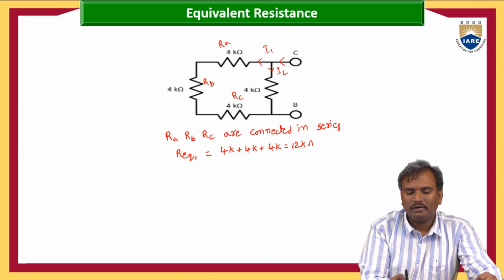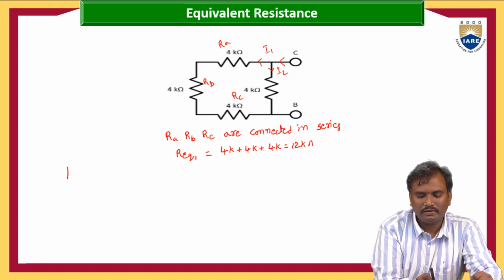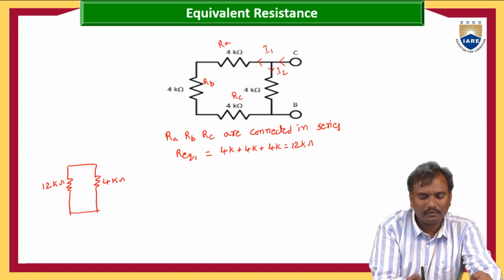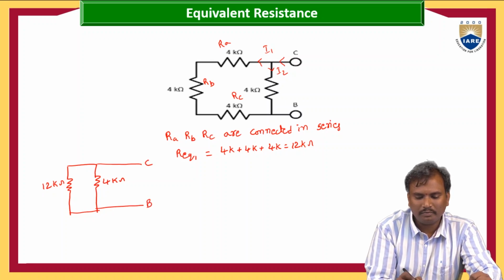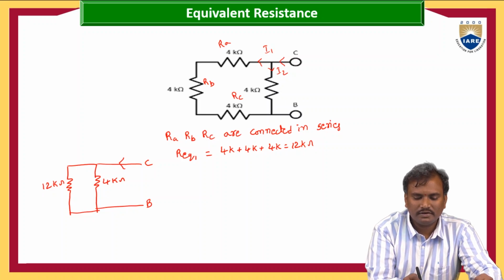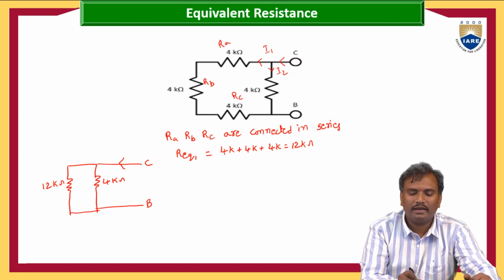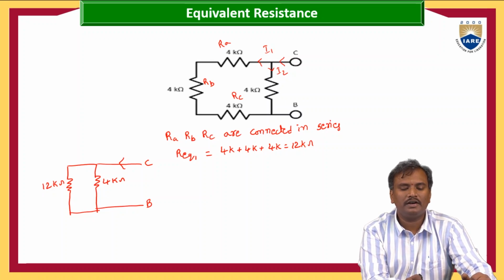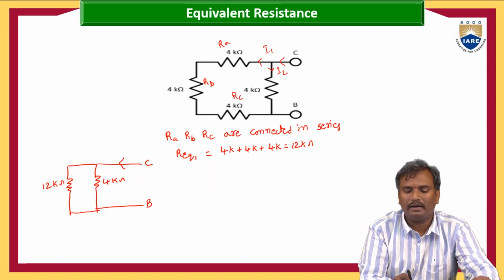Now let us replace the circuit with this 12 kilo ohms, and 4 kilo ohms, between C and B terminals. So now, by giving the current direction, we can say that 12 kilo ohms and 4 kilo ohms are in parallel.